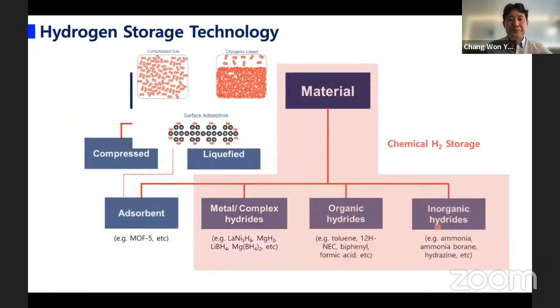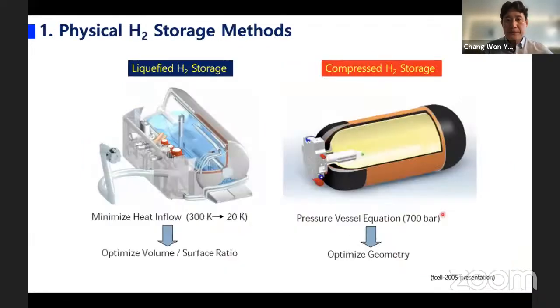And material-based hydrogen storage technology is also called chemical hydrogen storage, which means hydrogen is stored through chemical bonding. As you can see here, there are the metal hydride, the organic hydride, and the inorganic hydride. I'm going to talk about them in more detail later.